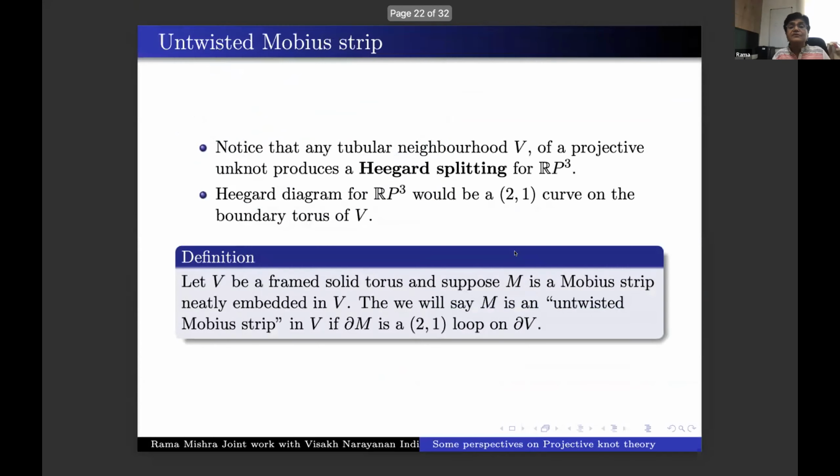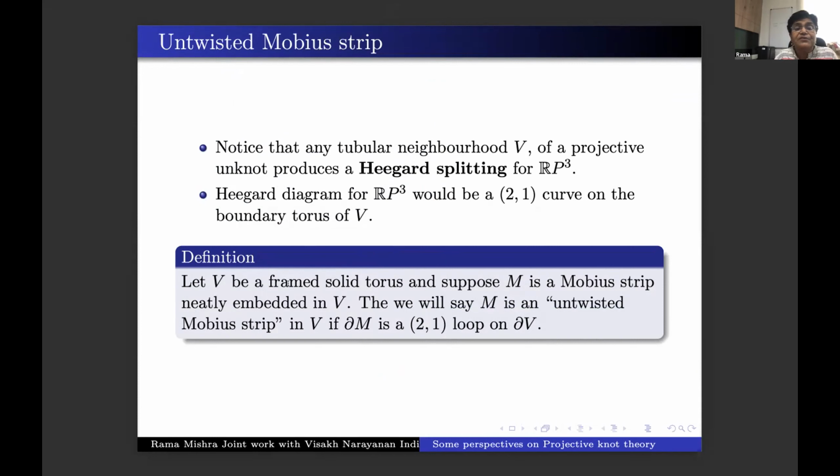When you take a tubular neighborhood of any projective unknot, it produces a Heegaard splitting for RP3. And when you write the Heegaard diagram of RP3, it would be a (2,1) curve on the boundary torus of V. Using this notion, we define an untwisted Mobius strip.